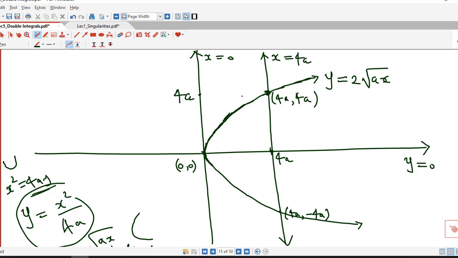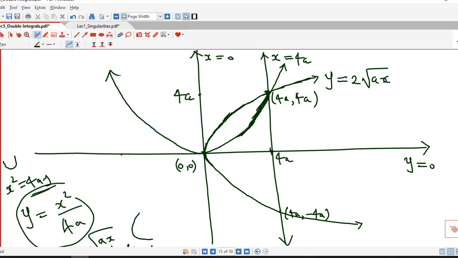It should pass through somewhere here also, because it is symmetric about the y-axis. So we can just have a rough sketch. It will be a parabola passing through the origin and this point. It should be like this. So this is just a rough sketch.